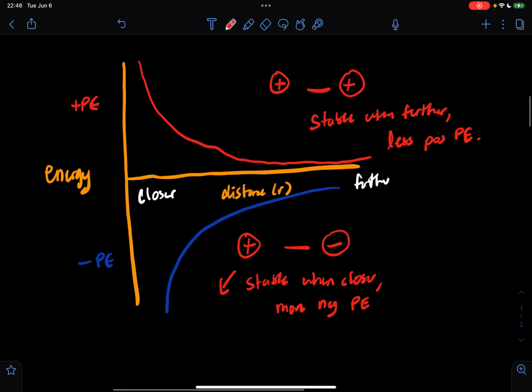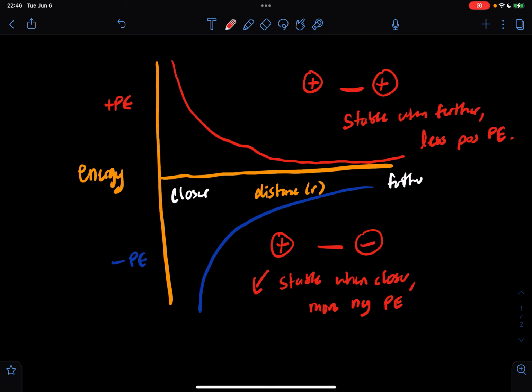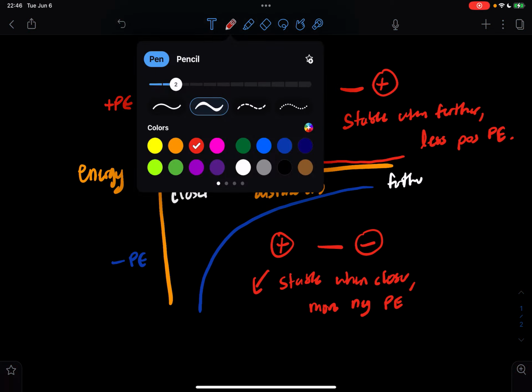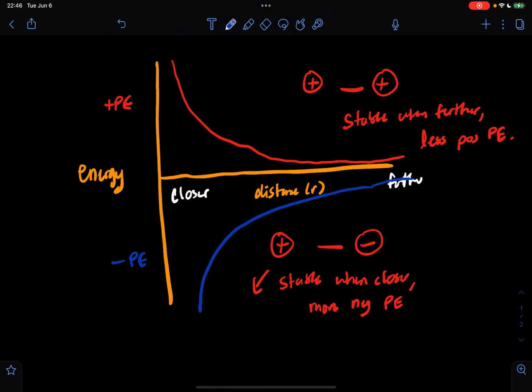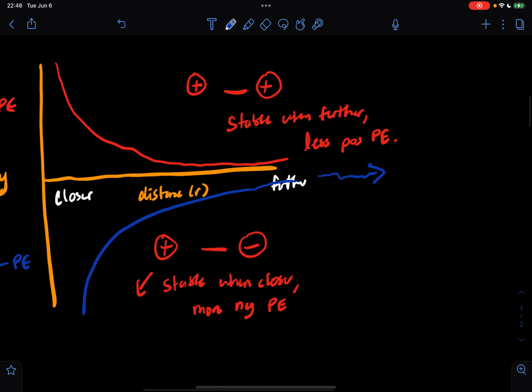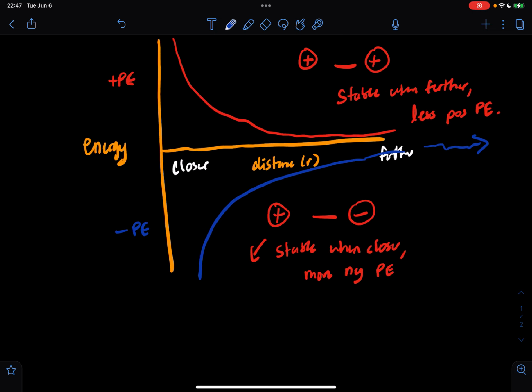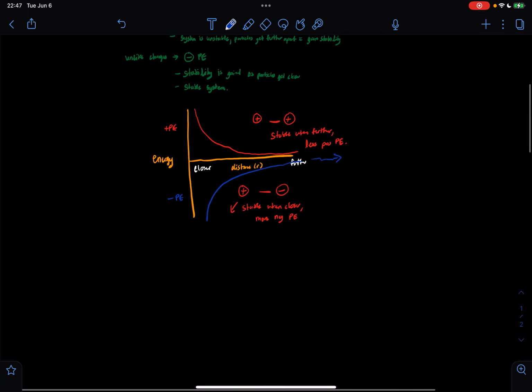And notice that the energy goes to zero as the particles reach infinite separation. So as the particles become infinitely more far away from each other, the energy of interaction is literally just zero because they're not interacting with each other at all.